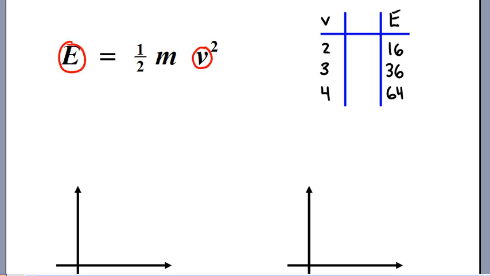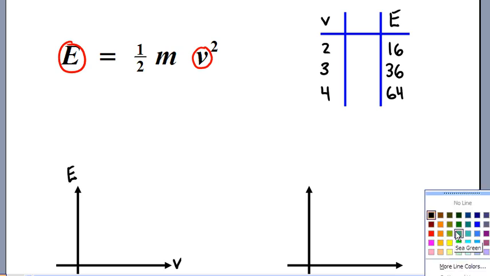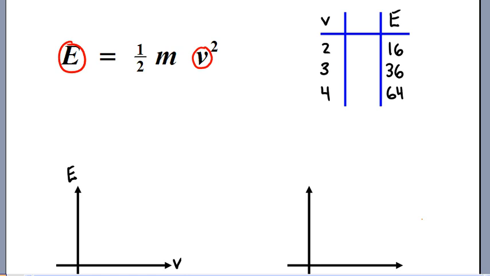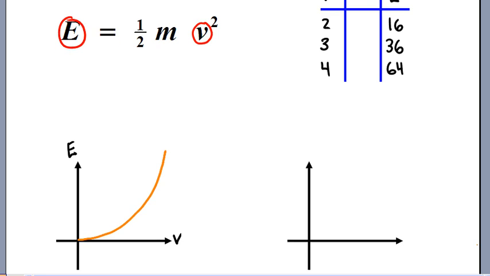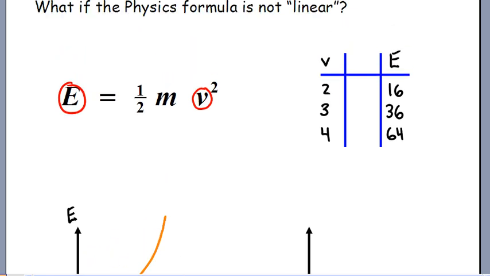And this is a horrible idea, by the way. It doesn't work. If you put kinetic energy here and velocity there, when you try actually graphing this, it goes like this. It's not straight at all. And we're only good at analyzing things that are straight, things that are linear. So we want to come up with a different plan than working with just E and with V. And it doesn't even really have that grade 10 feeling to it, right?